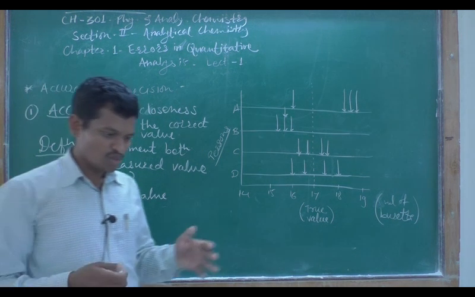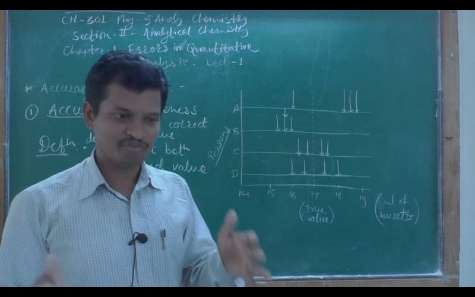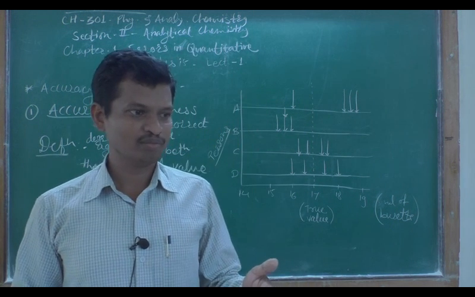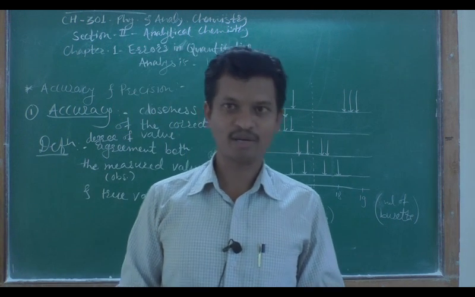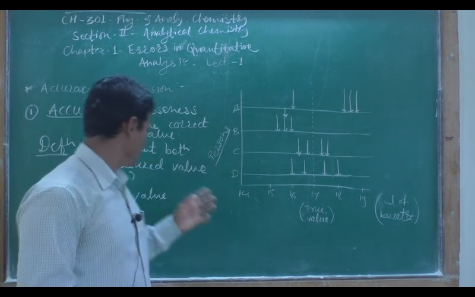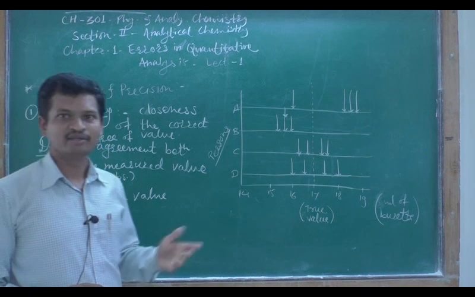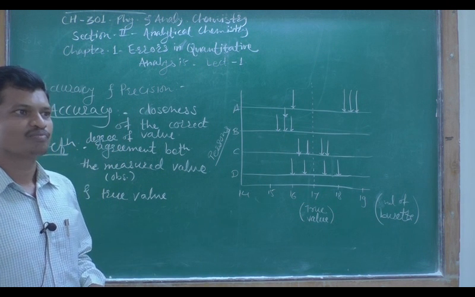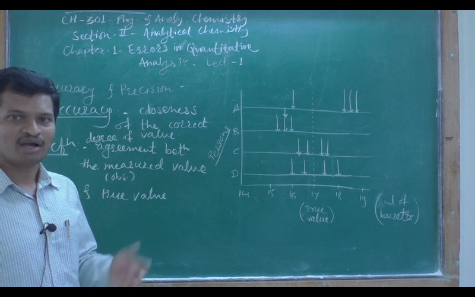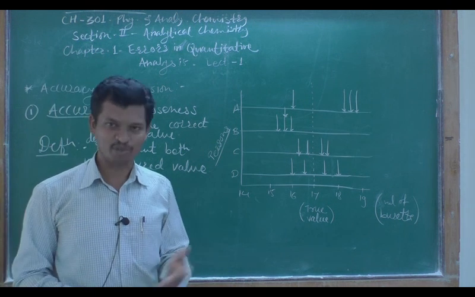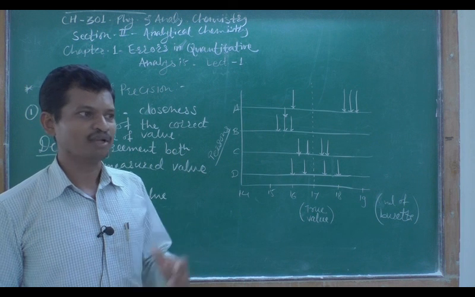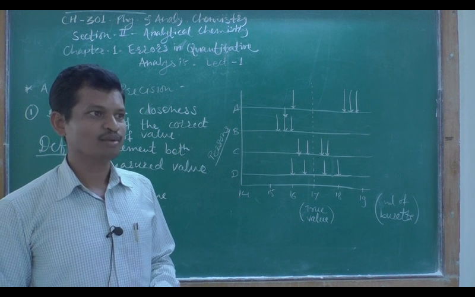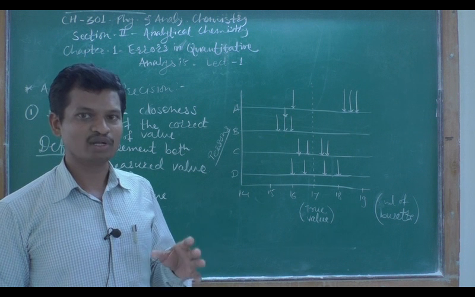So it is nothing but a comparison of the measured value and the true or correct value. Some experiments are already performed by experts, and they have obtained particular data, which we call perfect data at particular conditions.